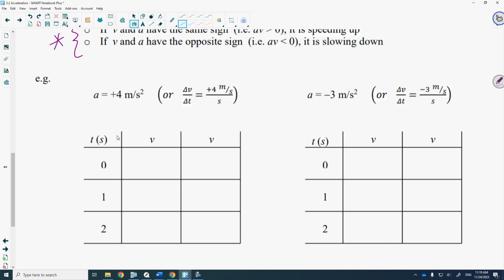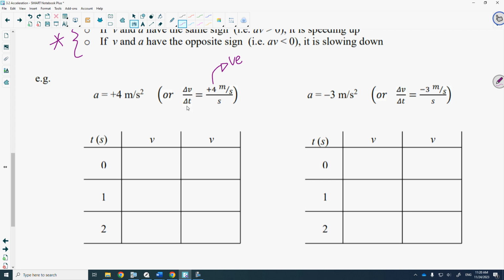What we're given is the acceleration of an object is 4 meters per second squared. Remember that acceleration is the derivative of velocity. So here's 4 meters per second per second. Let's quickly write what this means. If you're given an acceleration of 4 meters per second squared, what does that mean?